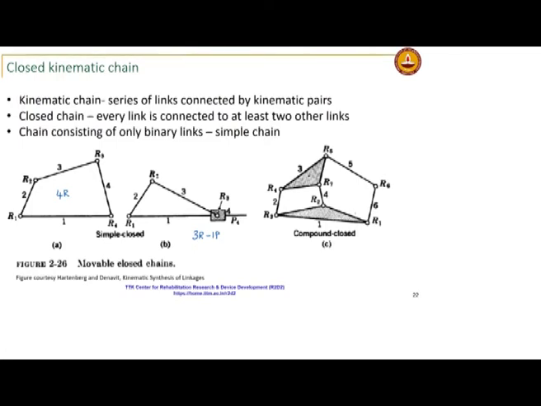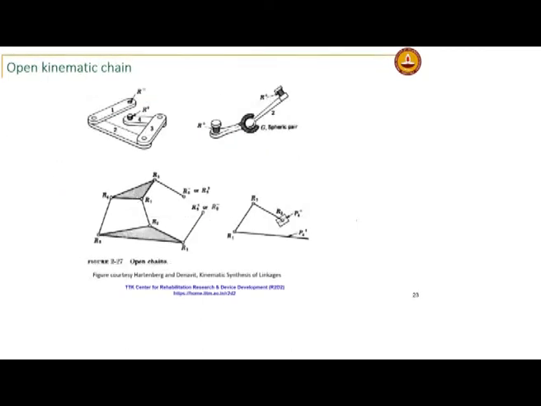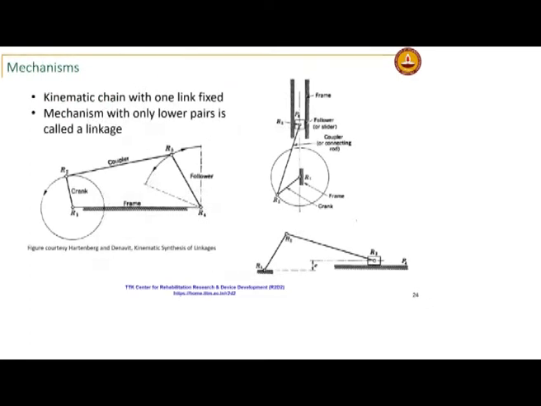More than binary links, it becomes a compound closed chain. So, the third example there is a compound closed chain. These are examples of open kinematic chains. So, a closed kinematic chain with one link fixed forms a mechanism.